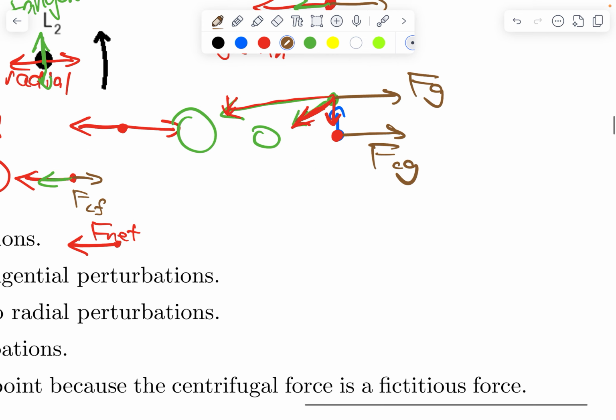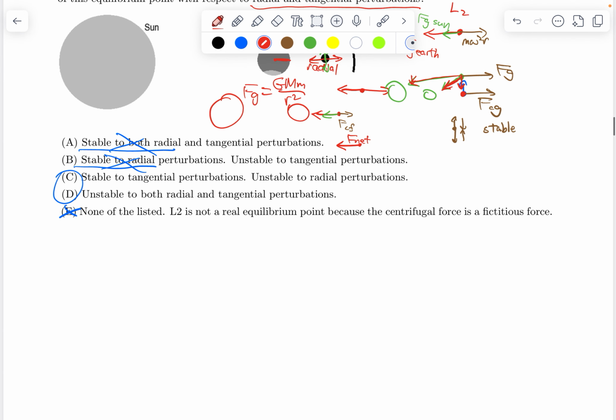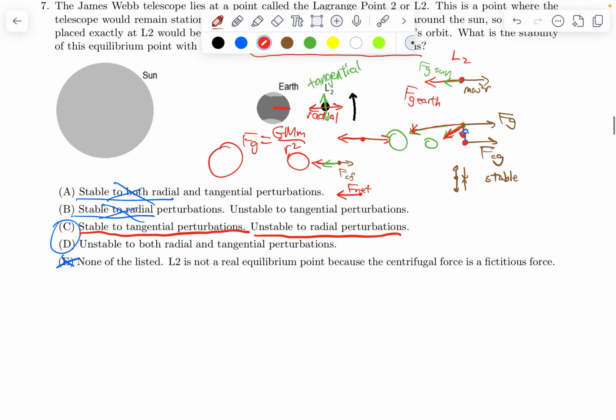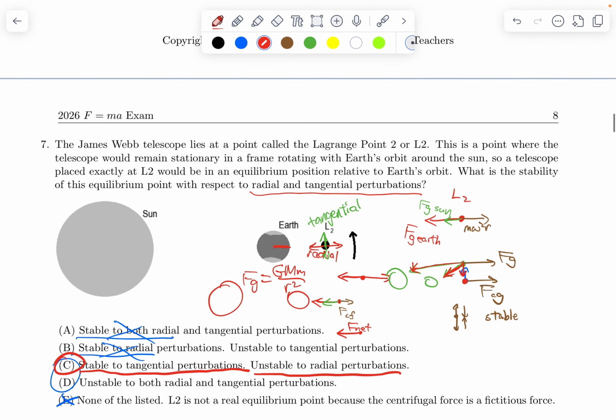So if every time the satellite moves tangentially, it eventually comes back, that means it is stable. And if we look at our answer choices, it is stable to tangential perturbations and unstable to radial perturbations. So our answer choice is going to be C.